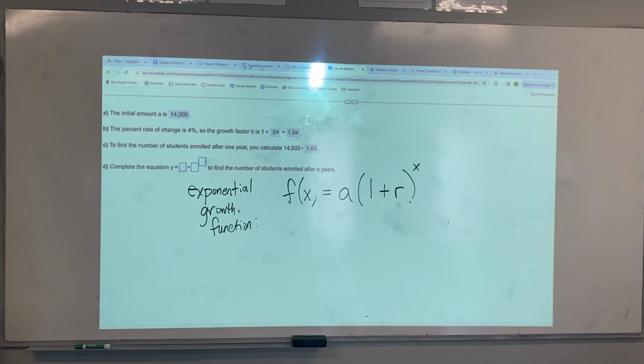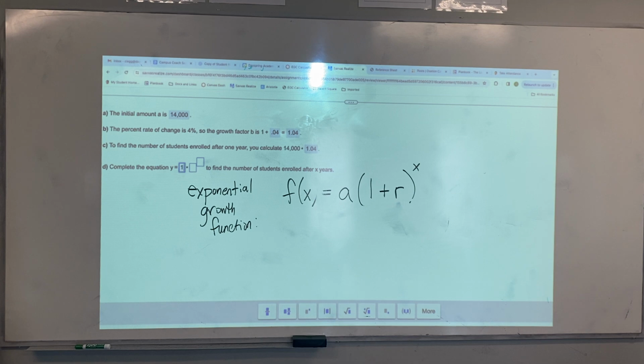Complete the equation y equals blank times blank to the blank power to find the number of students enrolled after X years. Could it be 14,000 times 1.04? Yep. And then what would the exponent be? X, very good. When it says after X years, we're just making a formula for it.